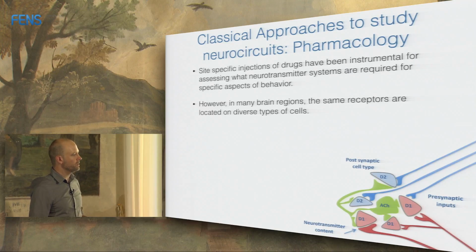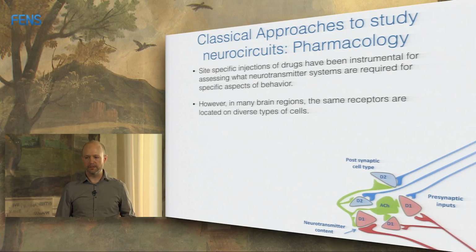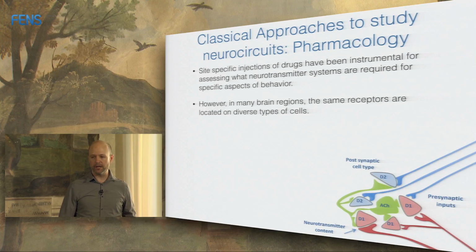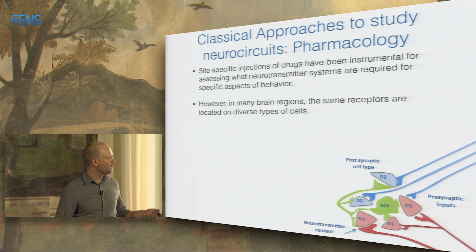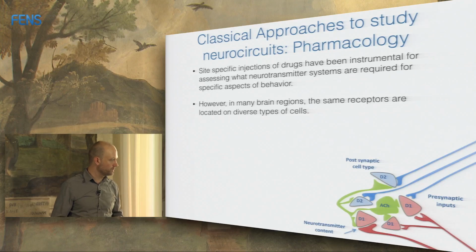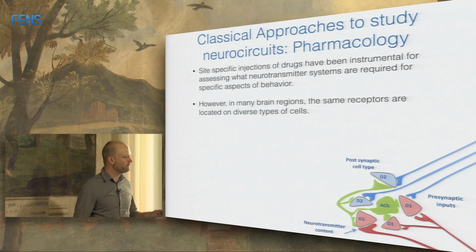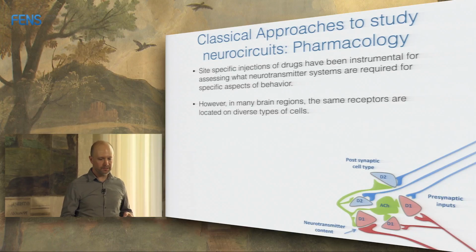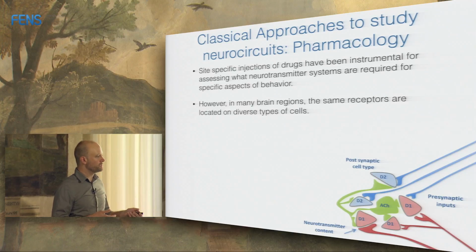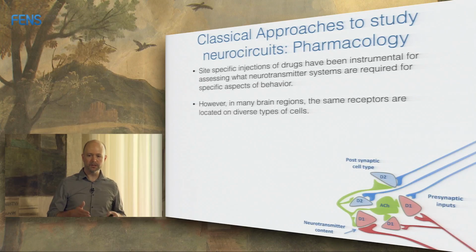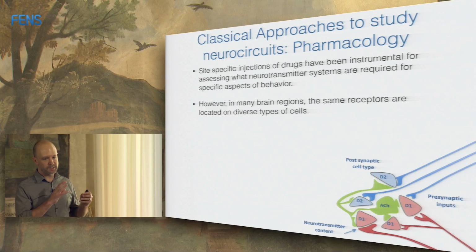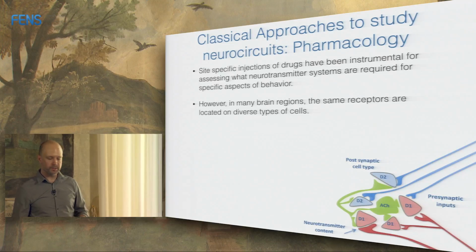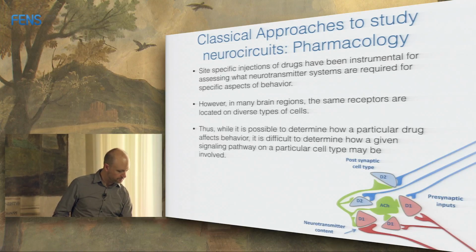We know they're located on certain subtypes of interneurons, such as fast-spiking cholinergic interneurons. And they can also be located on presynaptic dopamine-releasing terminals. So we have drugs that can selectively modulate these receptors, but it's very difficult to target that modulation to a particular distribution of the receptors that may be located on a particular cell type or circuit.